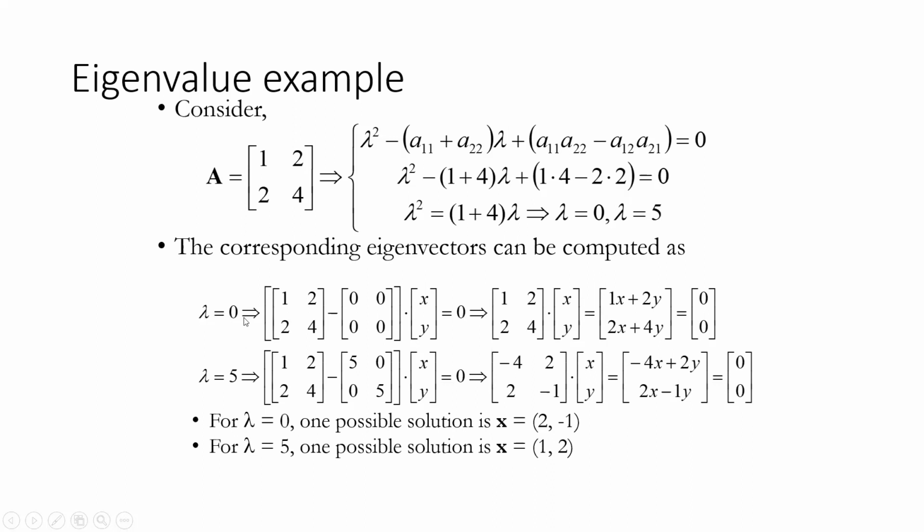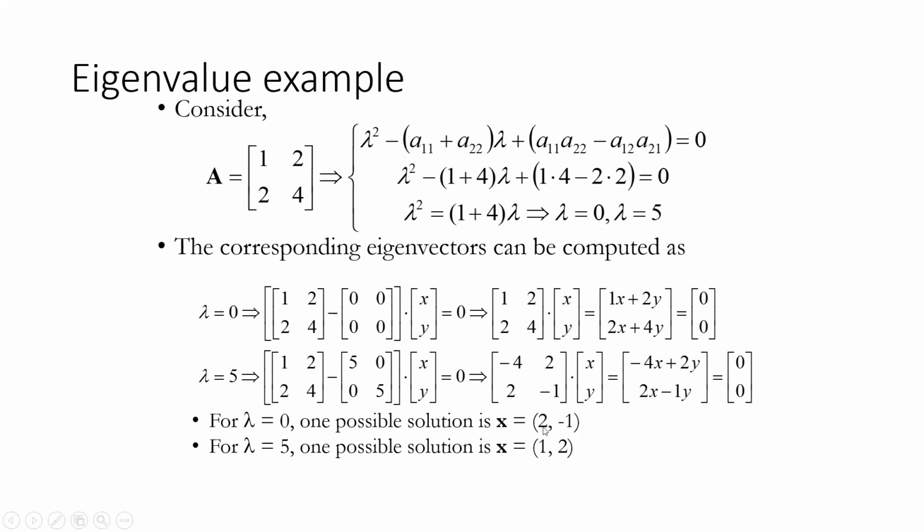So for lambda equal to 0, we can find the eigenvector x, y. Here we have two equations, 1x plus 2y equal to 0 and 2x plus 4y equal to 0. If we substitute 2 comma minus 1, this is a vector where 2 represents the x component and minus 1 represents the y component.